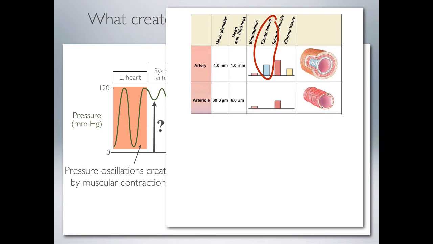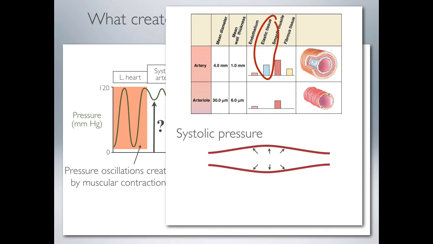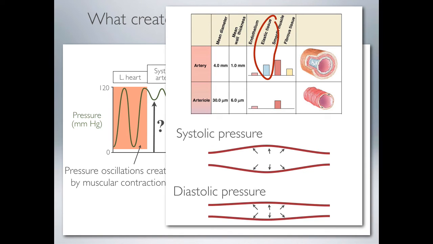And so if you look down the length of one of these vessels, then it bounces back. During systole, you have an expansion of its walls, and then during diastole, it's essentially remaining in tension, like a water balloon.